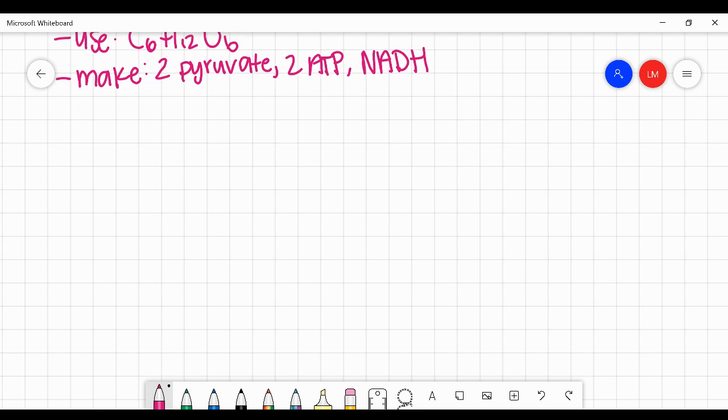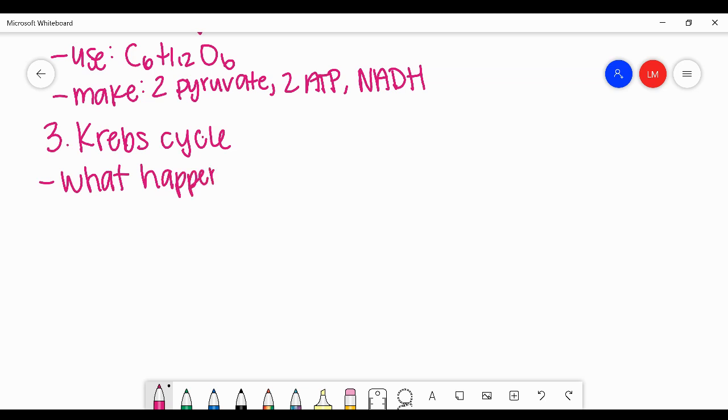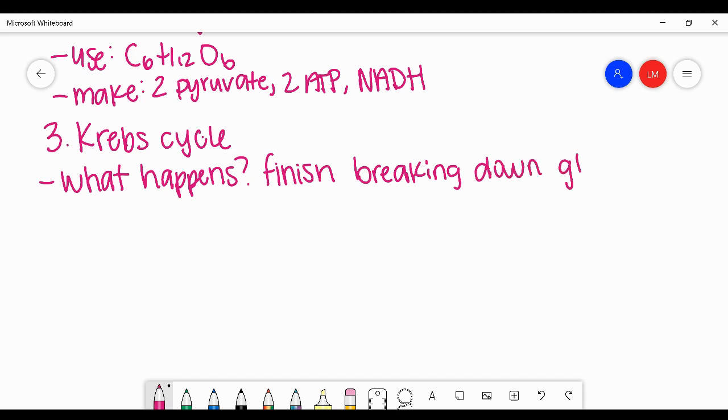Moving on to the Krebs cycle. Starting with what happens during the Krebs cycle. We are going to finish breaking down glucose.